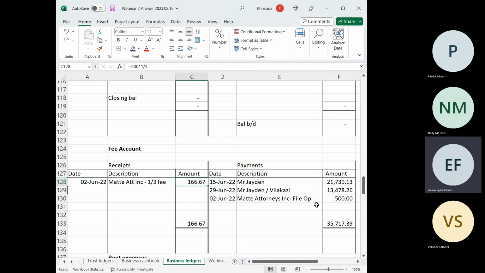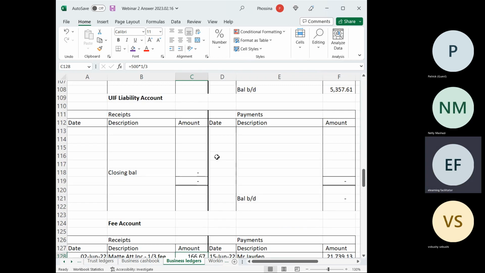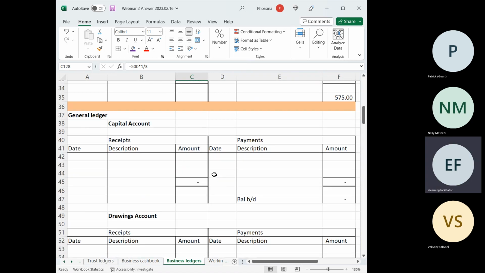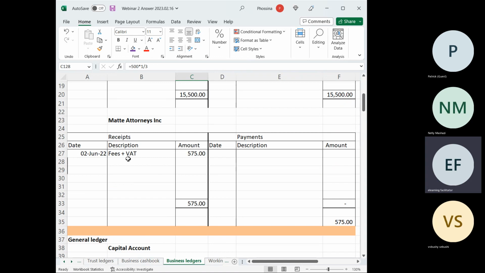Okay, so if we are reducing our fee with that amount, it means we need to still go back to our client to complete the double entry, because we recorded that our client owes us 575.